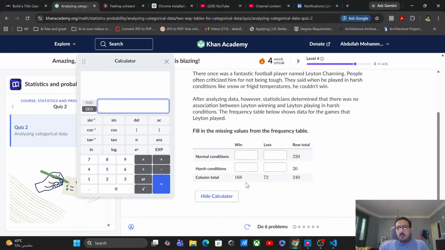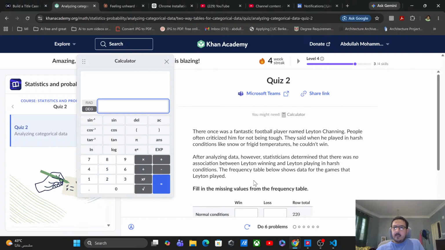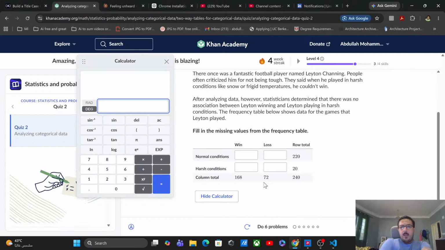Guys, I can't think, this is what happens when you stay awake for long hours. Normal conditions, 20. So the proportion of 20 is the proportion of 20 normal conditions out of 168.